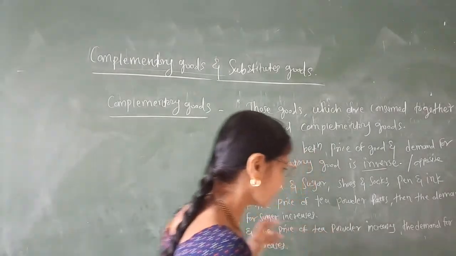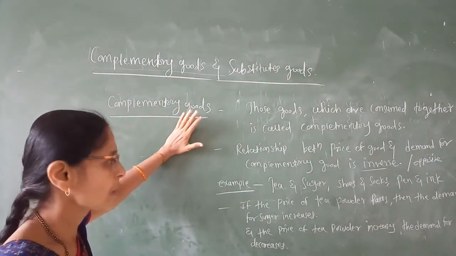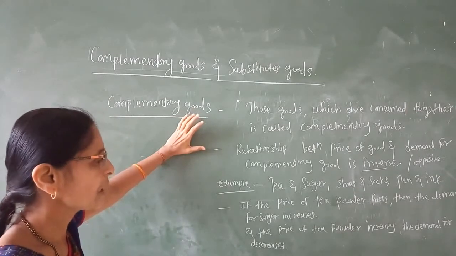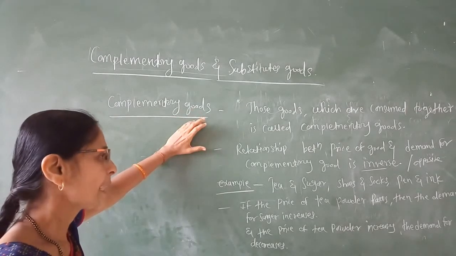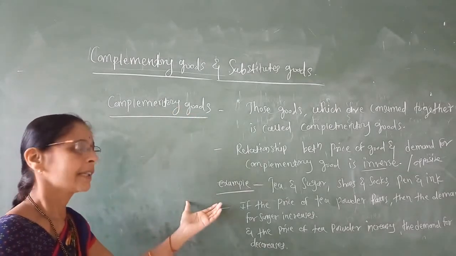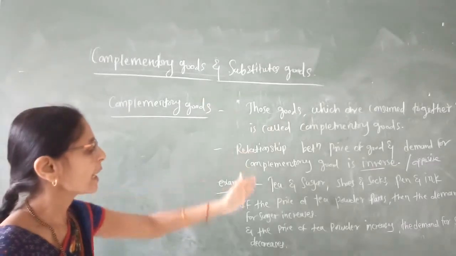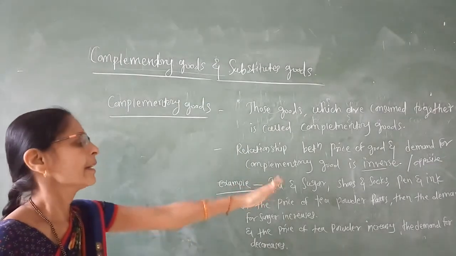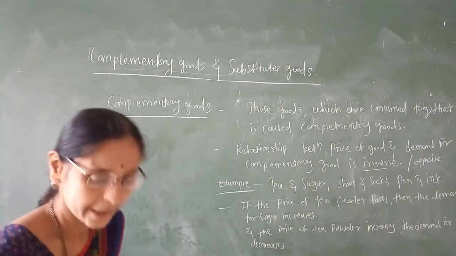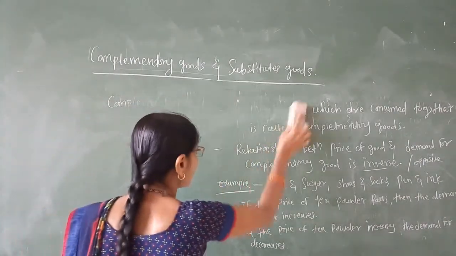So students, this is all about the complementary goods. In your examination, if they ask you to write the definition of complementary goods and give an example, you should write the definition and the example. Then the next good is the substitute goods.